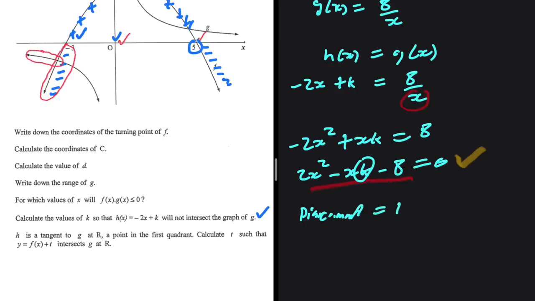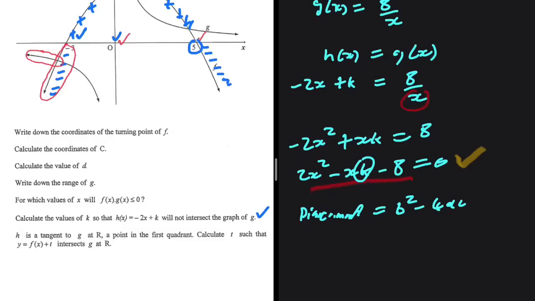The discriminant is equal to b squared minus 4ac. You know that your quadratic equation is not going to have solutions if the discriminant is less than 0. There's no square root of a negative number. So if the discriminant is less than 0, then your quadratic equation is not going to have any solution.